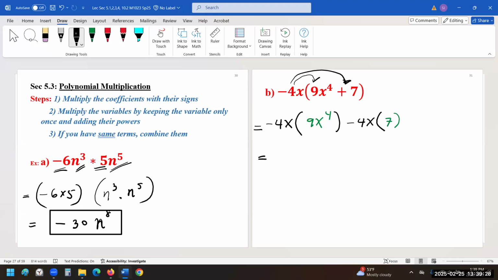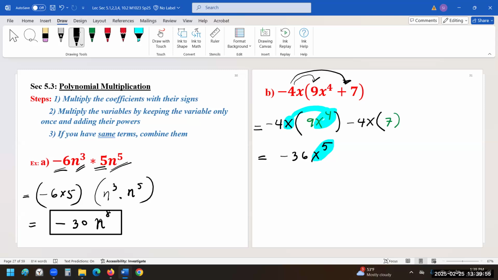So what do we have in the first term? It is 36x to the... how many? You have 4 and you have 1 there. So how many total? 5. One variable, another variable, combining, give them 5 power.